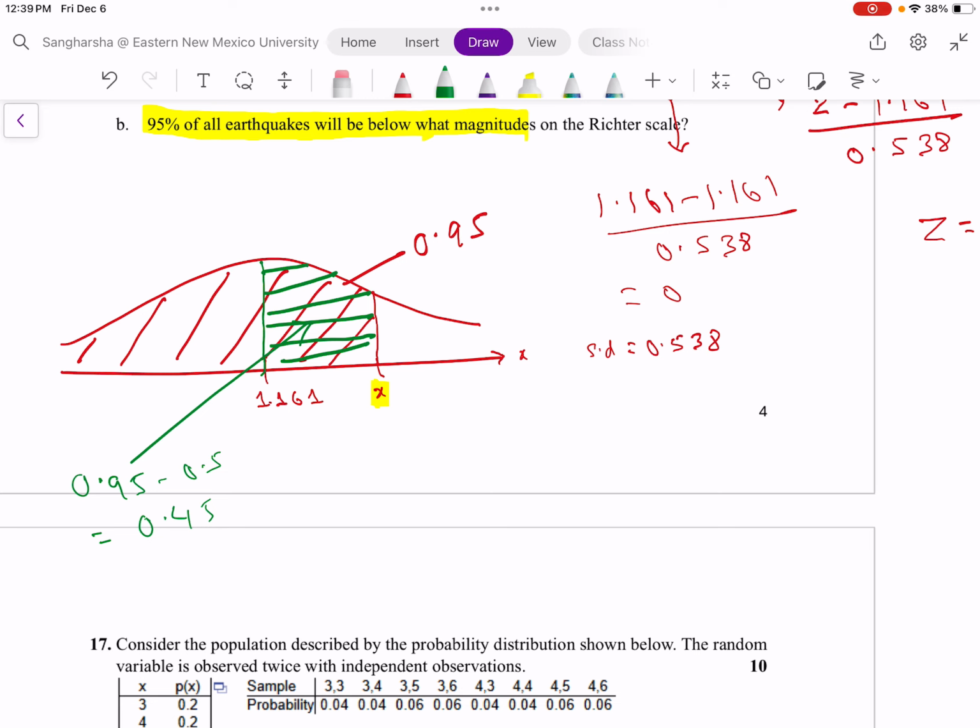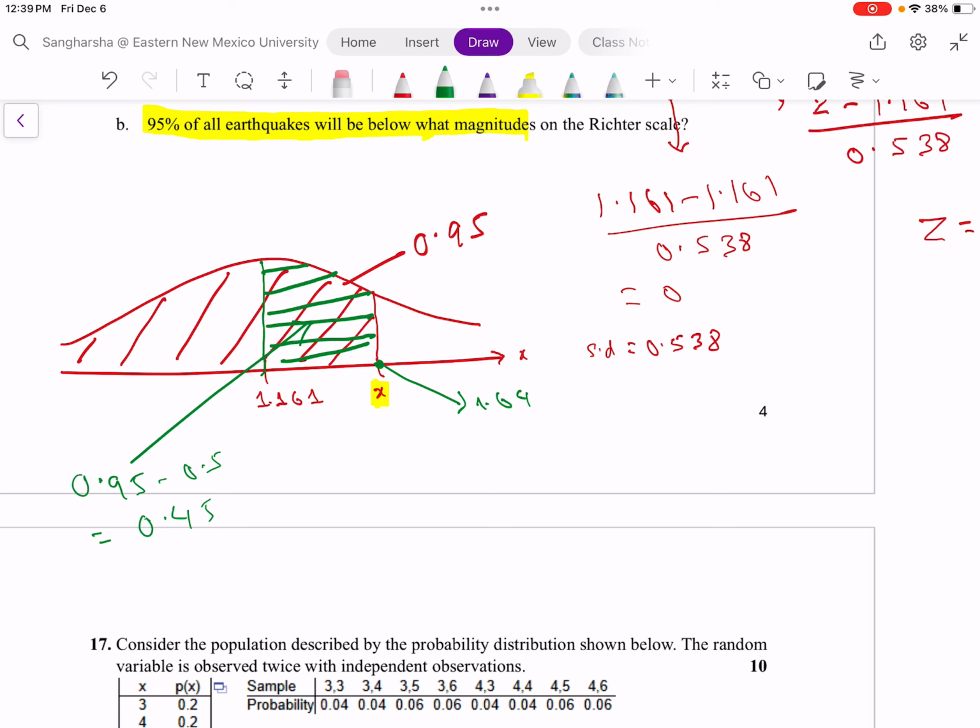Can you give me the corresponding z value for this 0.45? The z value for this point, but that is not x, is 1.64.